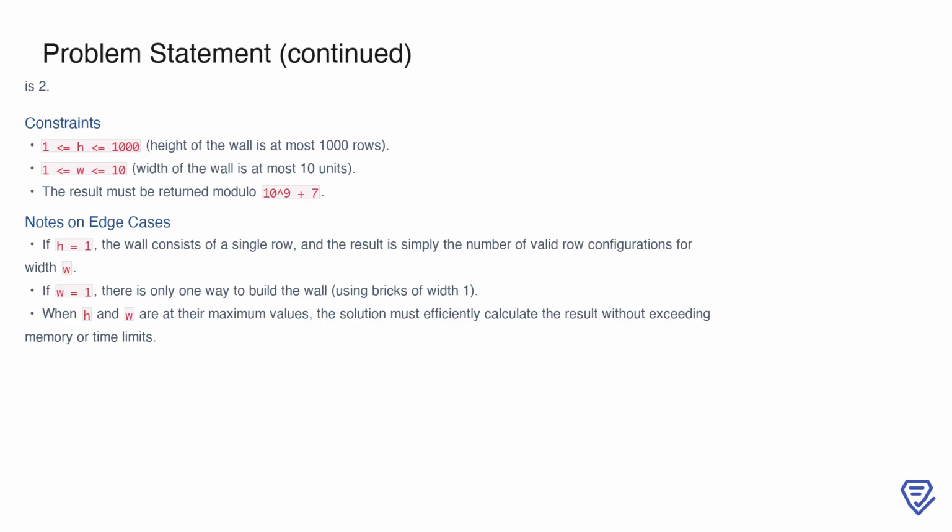For example, if the height h is 1, the wall consists of a single row, and the result is simply the number of valid row configurations for the given width w. Similarly, if the width w is 1, there is only one valid way to build the wall, using only bricks of width 1. Finally, when both h and w are at their upper limits, the solution must be efficient in terms of both time and memory to handle the large potential search space without exceeding computational limits.